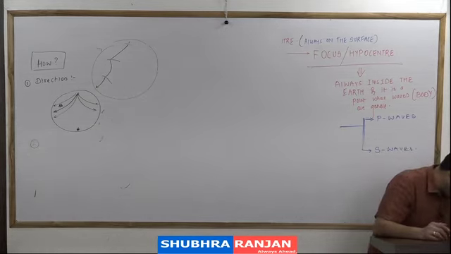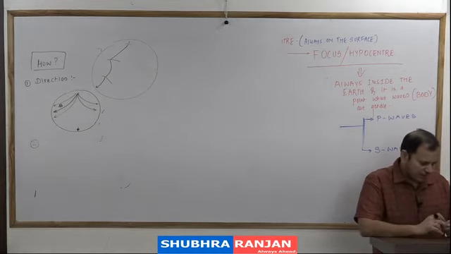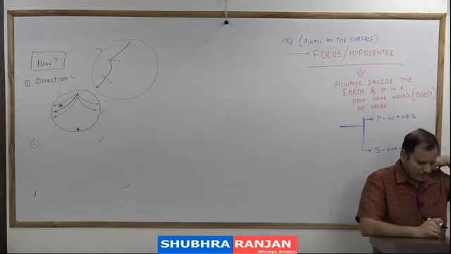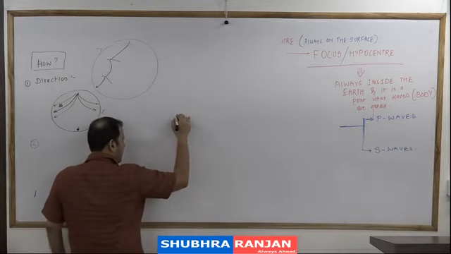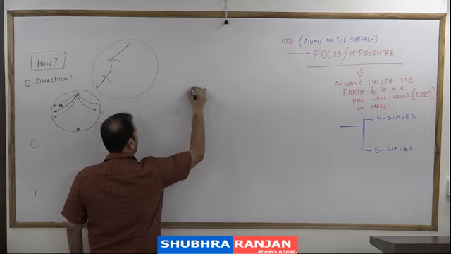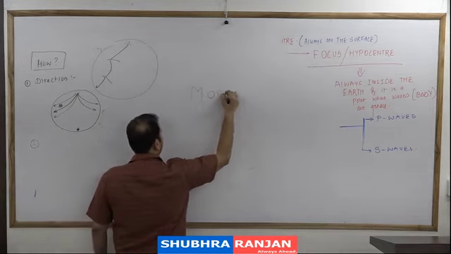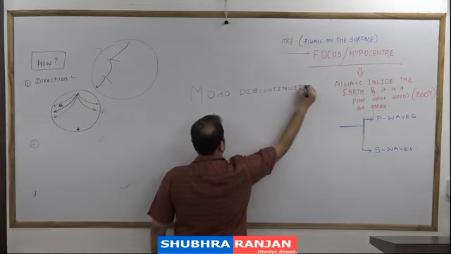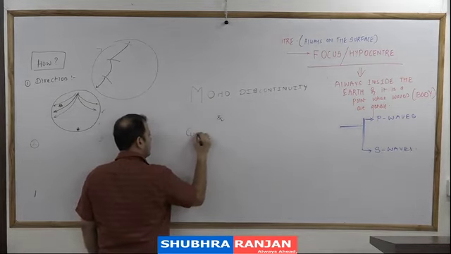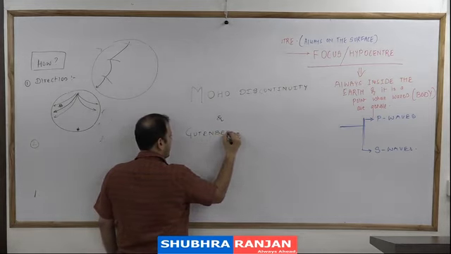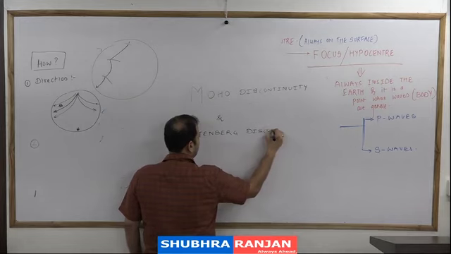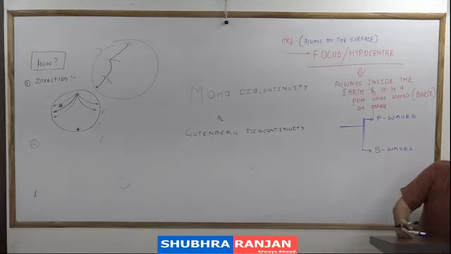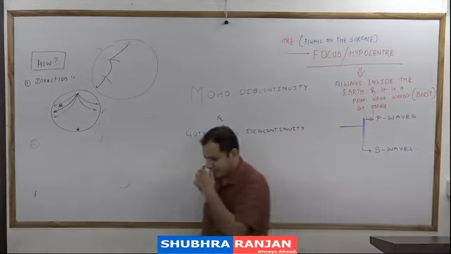This boundaries of crust-mantle and mantle-core are known as Moho discontinuity and Gutenberg discontinuity respectively.